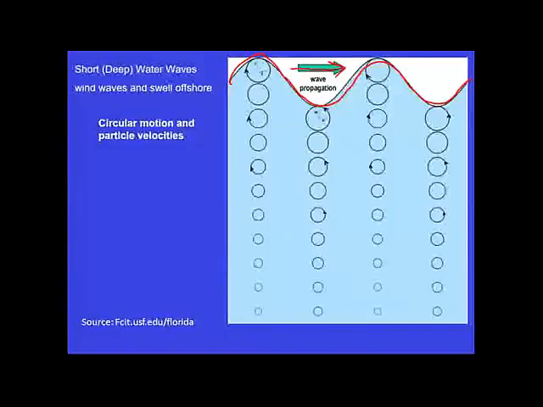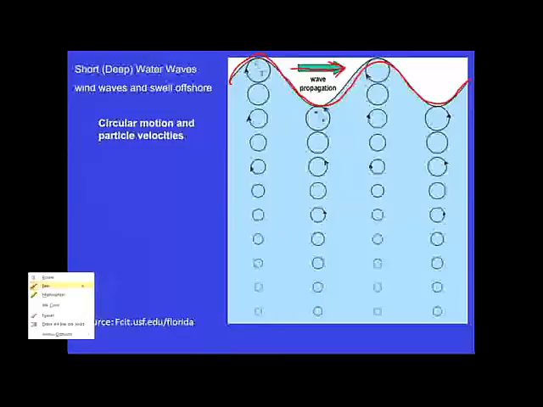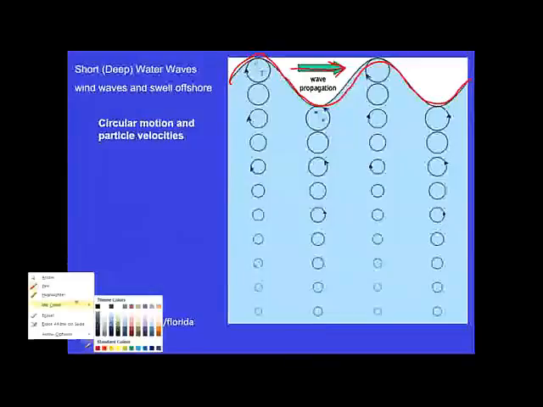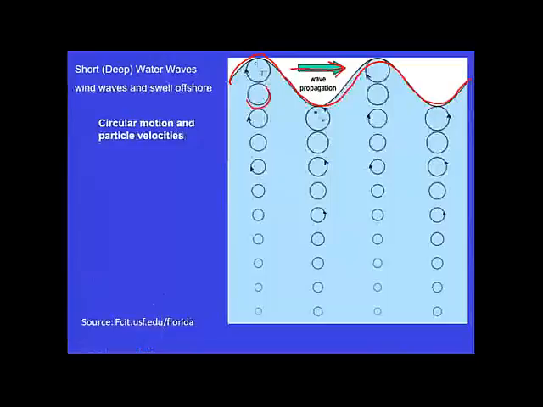So the water moves where a particle moves. The particles or water move in the opposite direction, if you want to think about it, to how the wave is moving. So up here at the crest, everything moves like this, and when we're at the trough, everything moves like this.